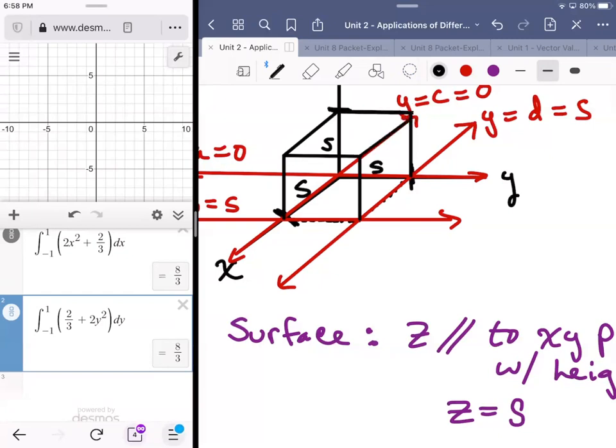All right, so this would be the plane. I'm just going to live with that one. Get rid of that one. Let me move this over. I'll just put it here. I just want to get a little shading going on there. And so this guy over here is z equals s.